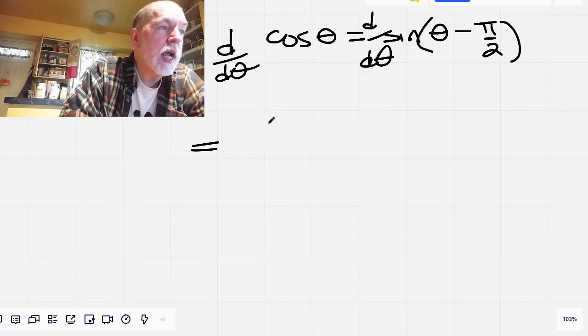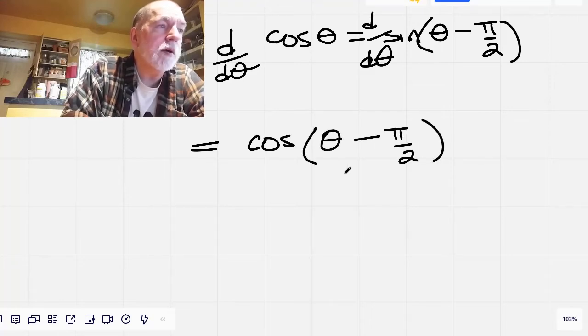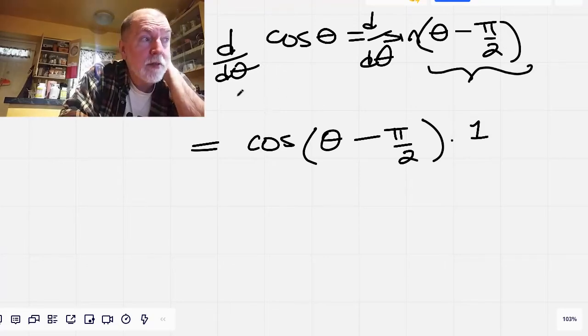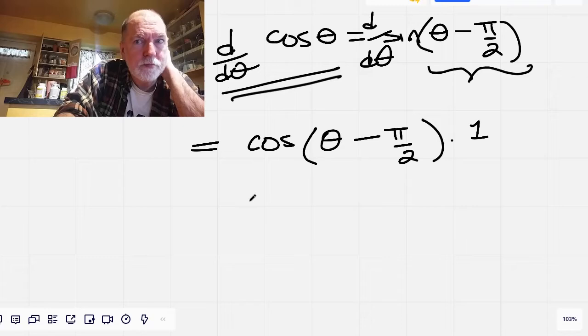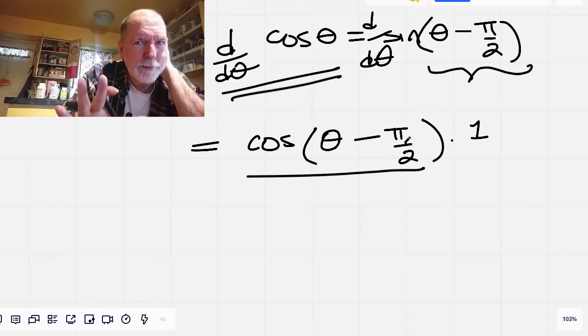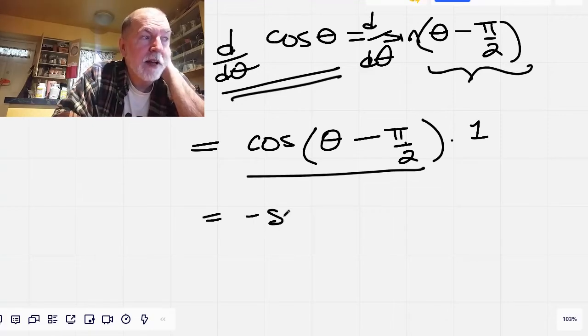So we're going to use the chain rule on this and say that that equals the cosine of theta minus pi by 2 times the derivative with respect to theta of all of this stuff, which is just 1. The derivative of cosine theta is just cosine of theta shifted pi by 2 to the right, which is the negative of sine theta.